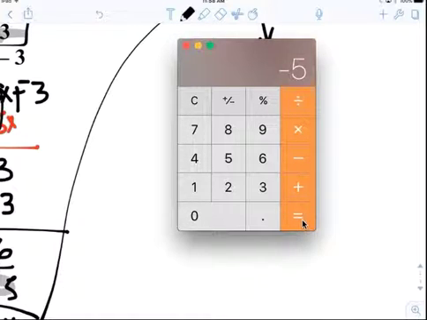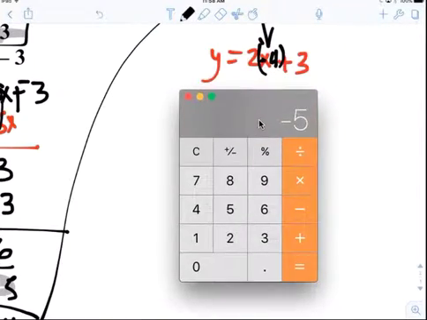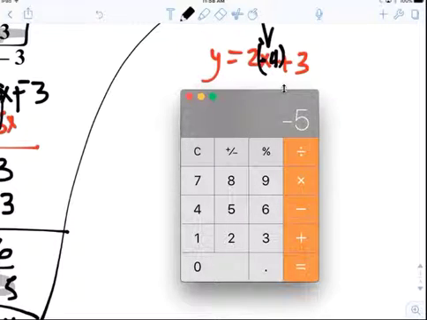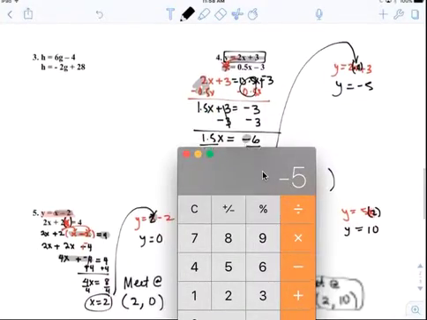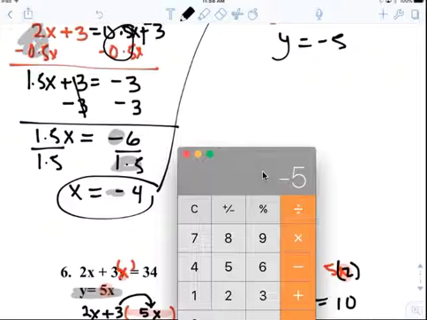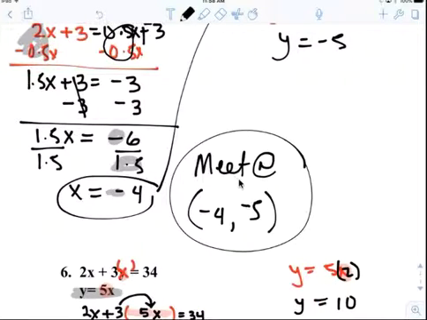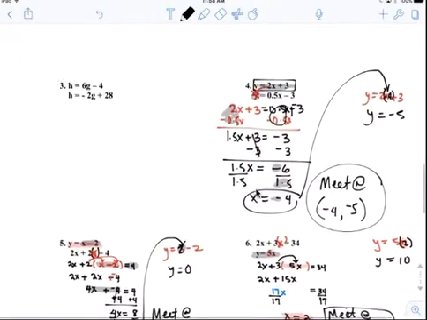So when you put that in a calculator, you get negative 5. So you write y equals negative 5. Take that answer. Here the graphs will meet at negative 4, negative 5. Oh, sorry. The graphs will meet at (-4, -5). So that's how you do that.